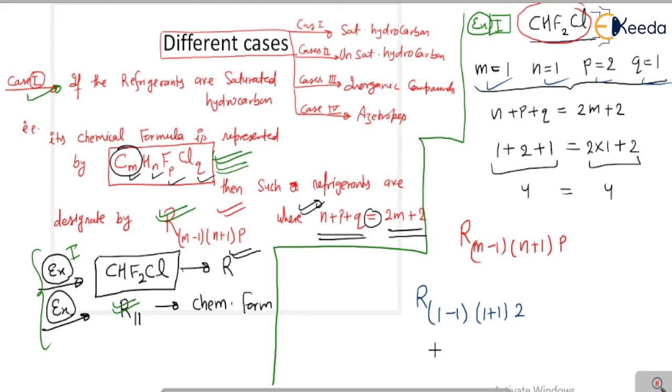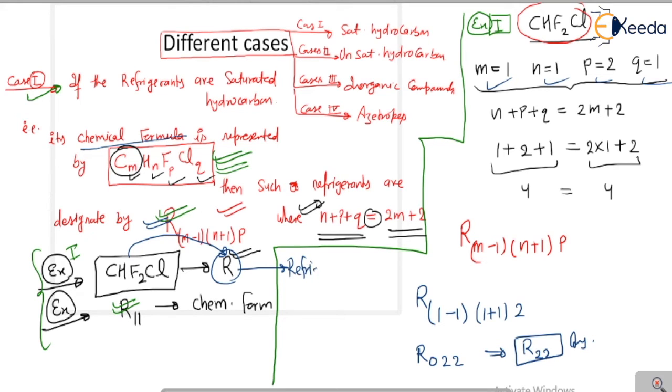After solving, we can write R 0, 2, 2, or R22. So this is our final answer, and this is the way to write any chemical formula in technical manner, or designate it in the form of R. R stands for refrigerant.